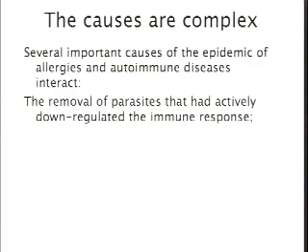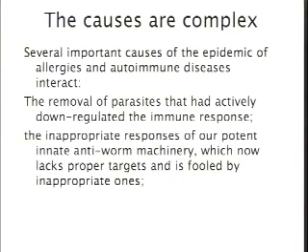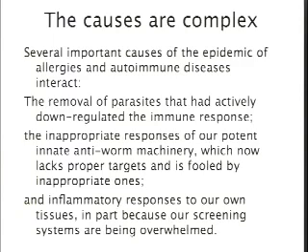We do have an epidemic of allergies and autoimmune disease. Part of it is due to the removal of parasites. Part of it's due to the inappropriate responses of our innate anti-worm machinery. By the way, some of that is in the innate immune system, some of it's in the adaptive immune system. And part of it is due to the inflammatory responses in our own tissues.